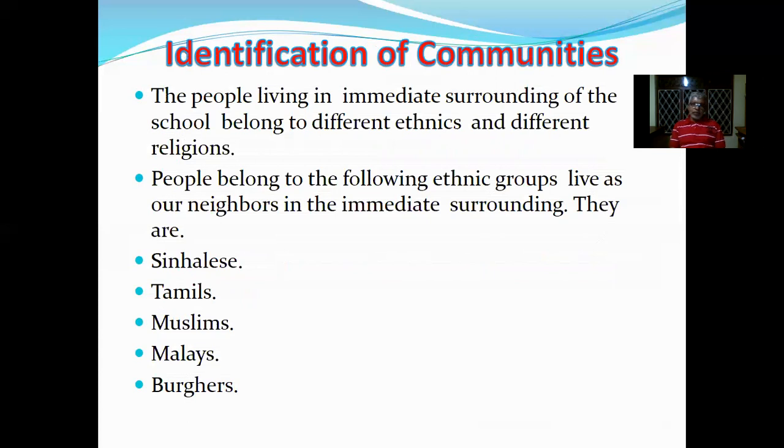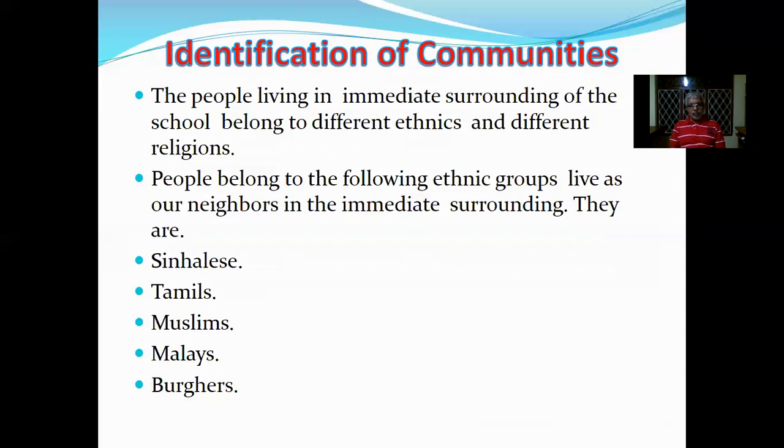Then, while we are discussing that one, another thing is necessary to identify in our society, especially when we talk about Sri Lankan society. Why? We focus our attention on our immediate surrounding. When we do, you find that people belonging to different ethnic groups can be seen living there.